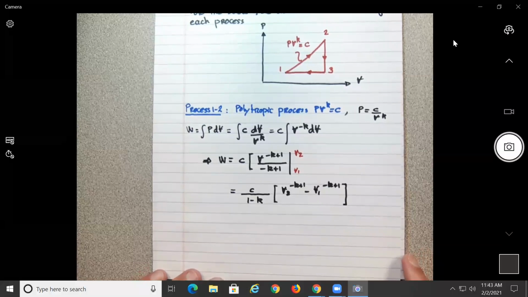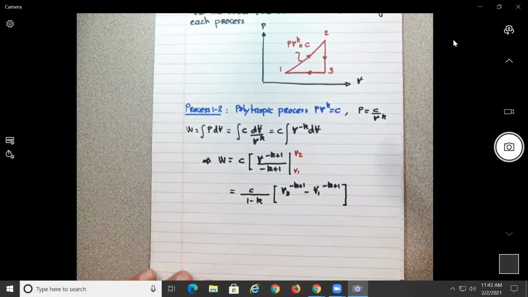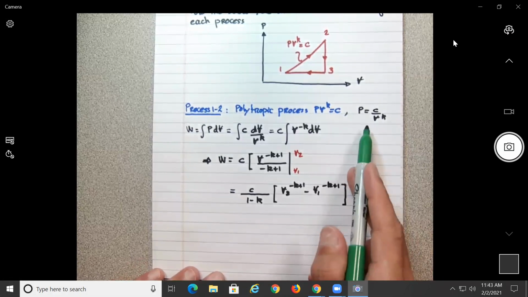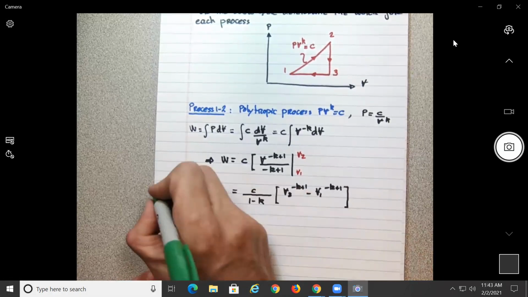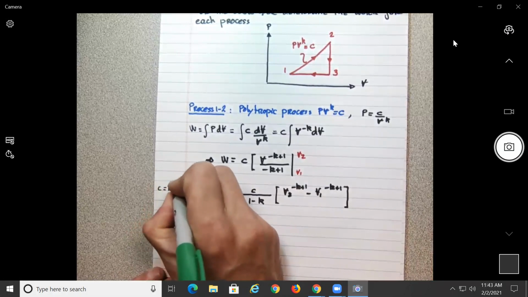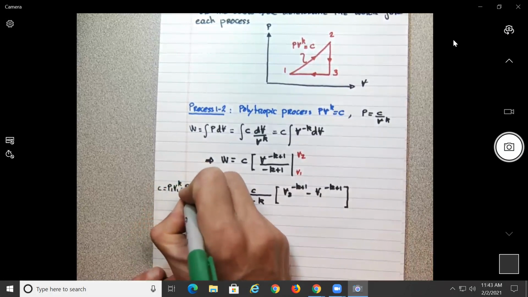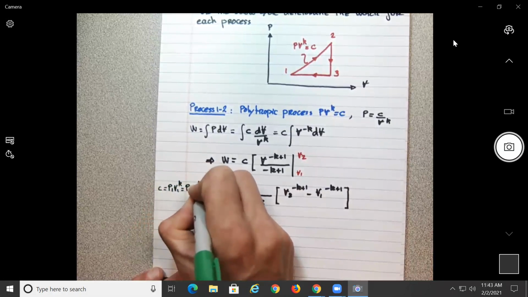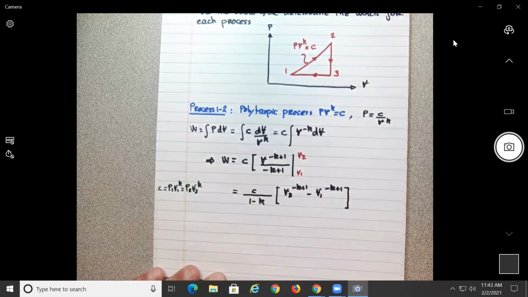So now be careful, because that's where I'm going to do two steps in one. Because this is a polytropic process, what do we know about C? C can be equal to P1 V1 to the K or to P2 V2 to the K, no?